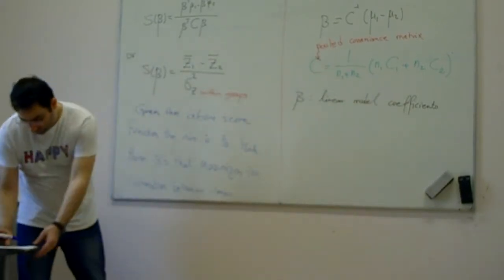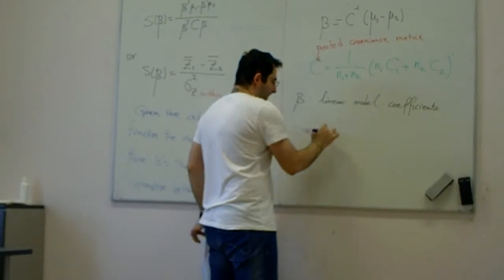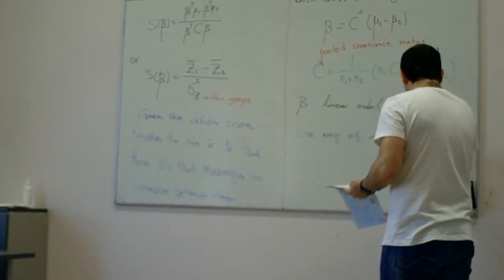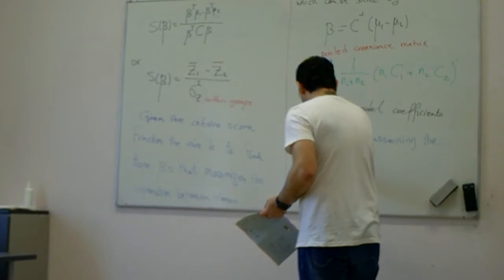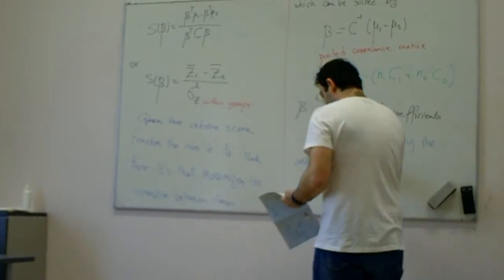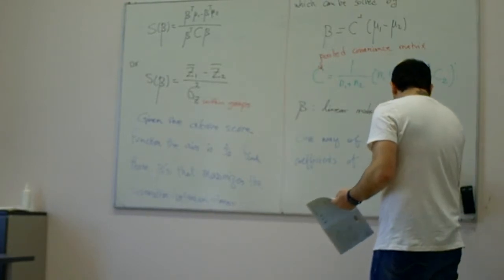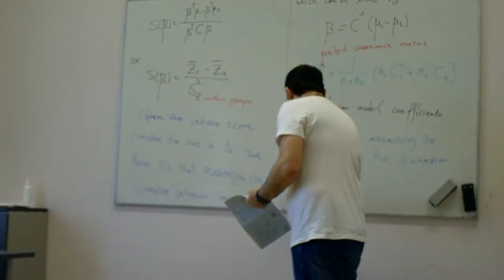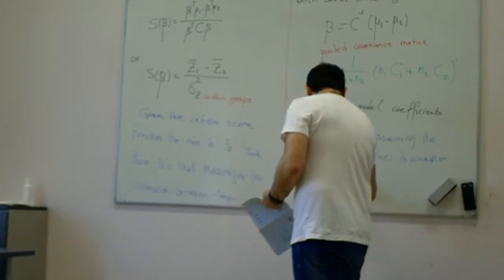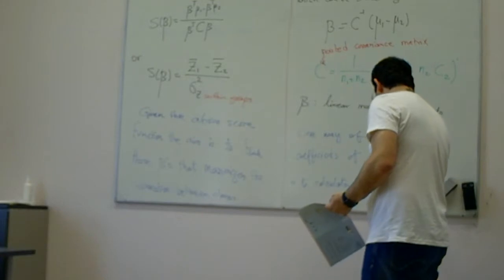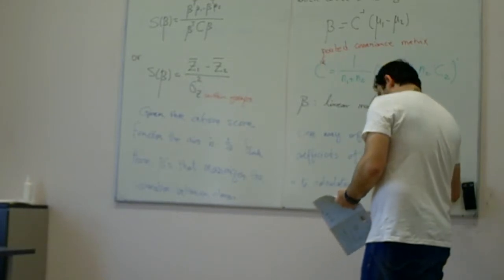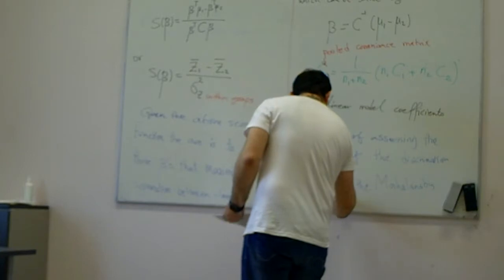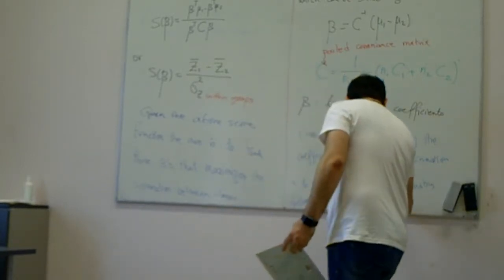So, one way of assessing the coefficients of the discrimination is to calculate the Mahalanobis distance between two classes.